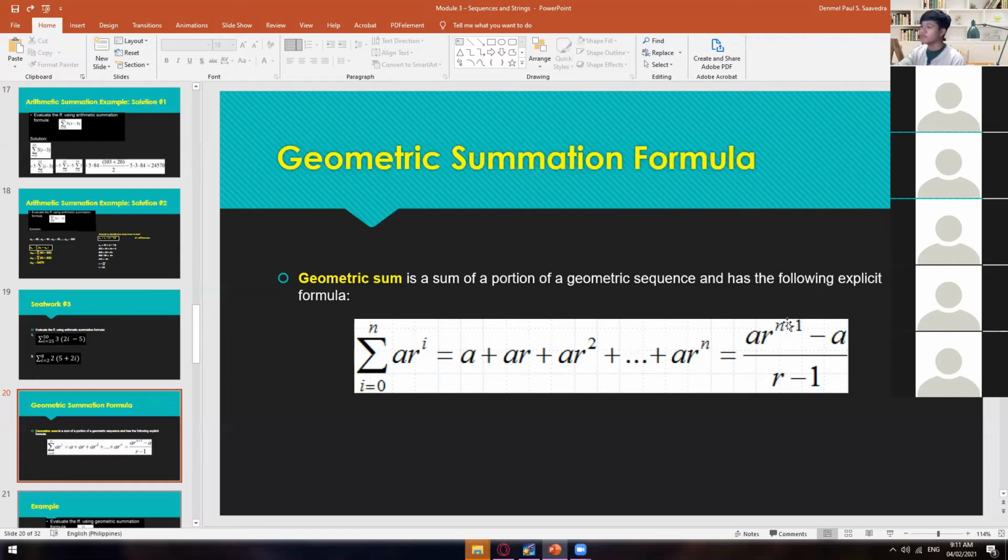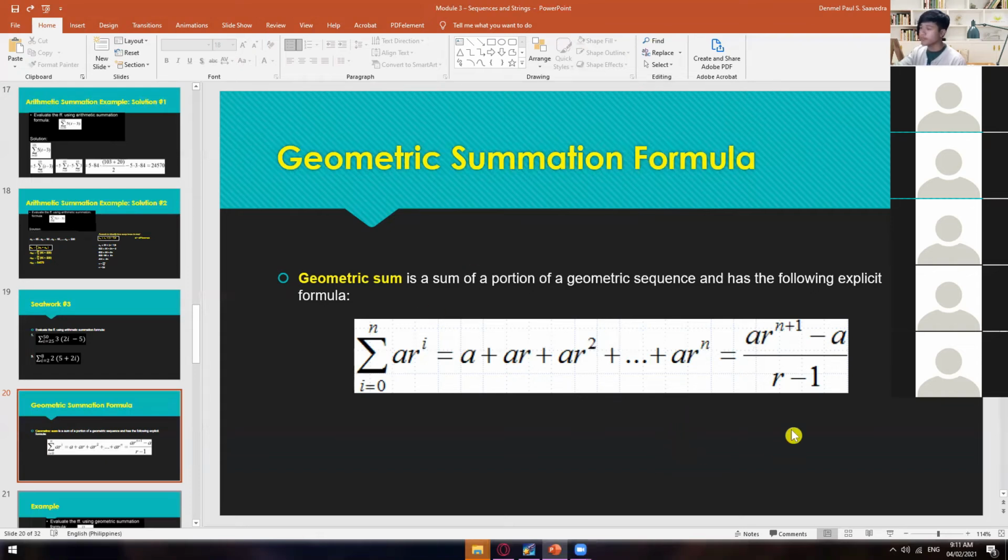And then we have this explicit formula, which is the same as or equal to this one: a times r raised to n plus 1 minus a, divided by r minus 1. If it's starting with 0, then you can use this formula.